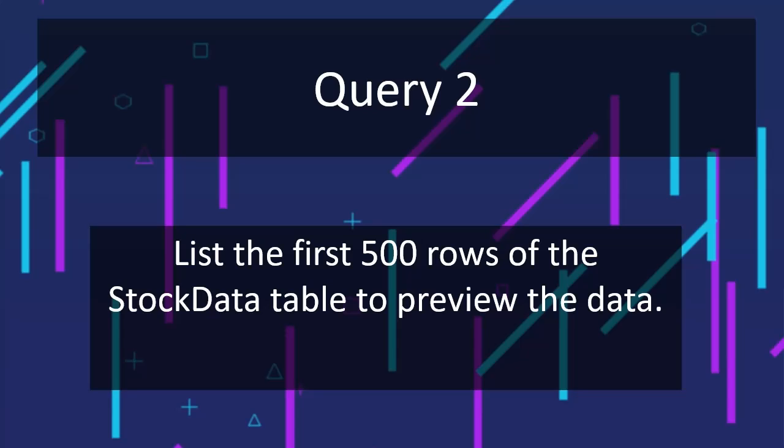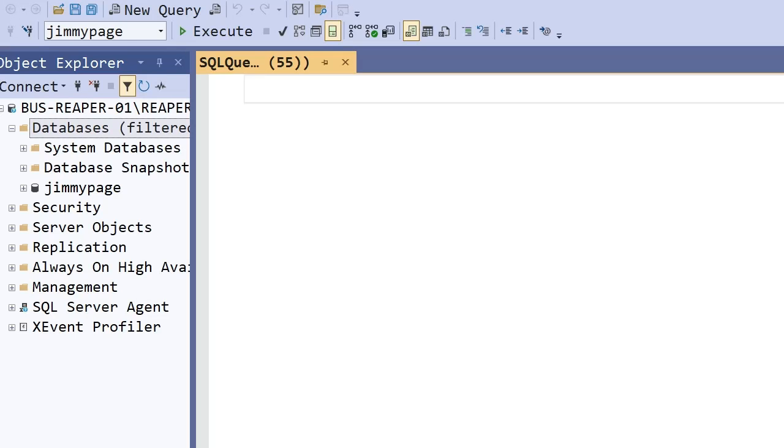We're doing this because we don't need to look at an entire table with possibly millions of rows just to make sure the columns look sane. A top 500 sampler is like scrolling the first page of Netflix. Fast, harmless, and you instantly spot anything bizarre, like a closing price lower than the low. Yikes! Let's go ahead and answer the question.